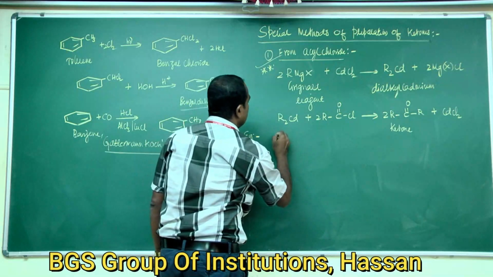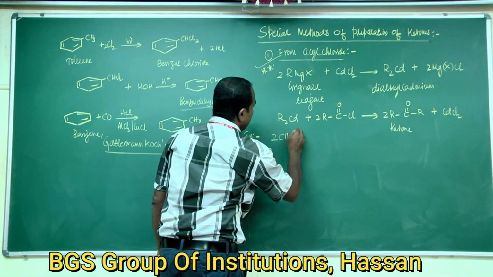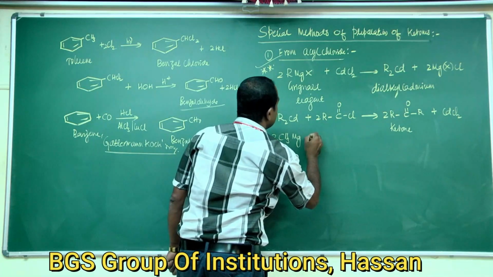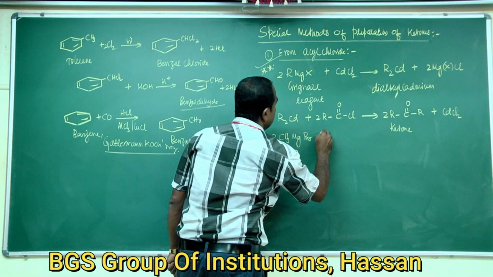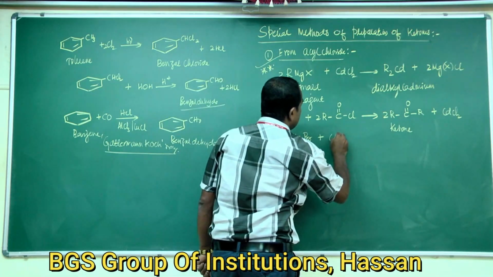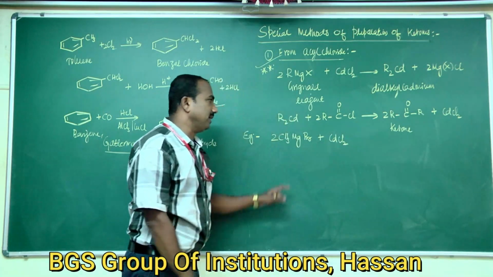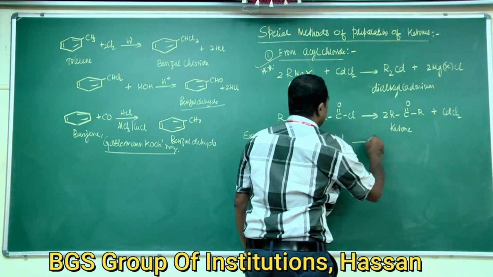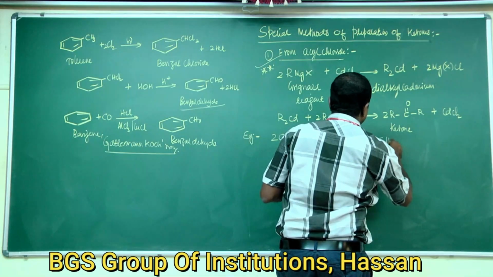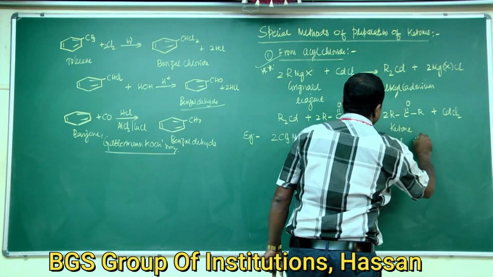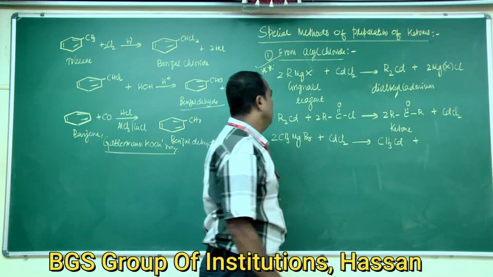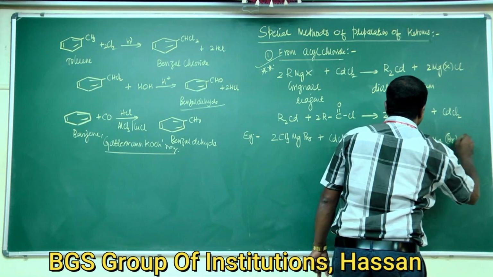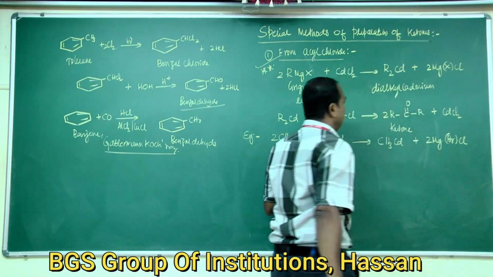Example: when methyl magnesium bromide is treated with cadmium chloride, we get dimethyl cadmium, (CH3)2Cd, plus 2MgBrCl.